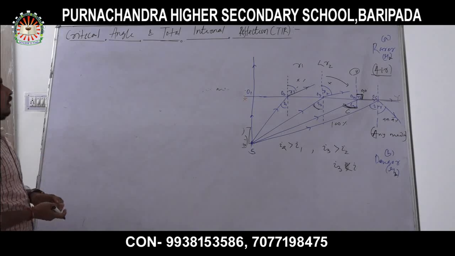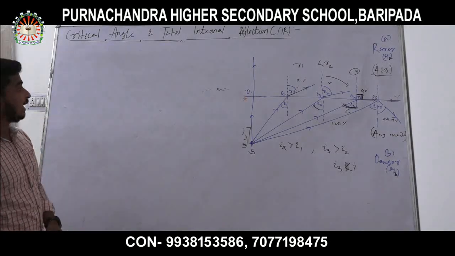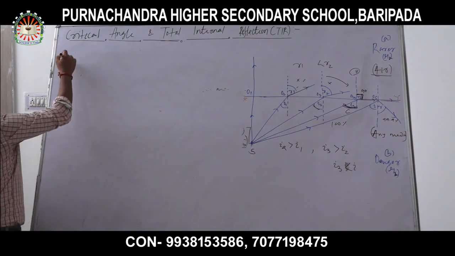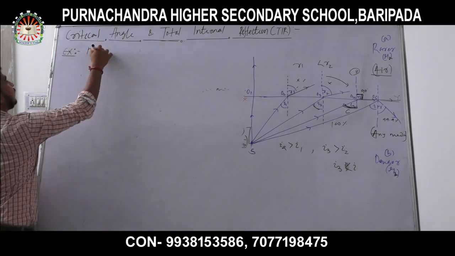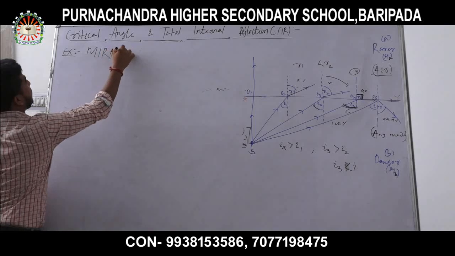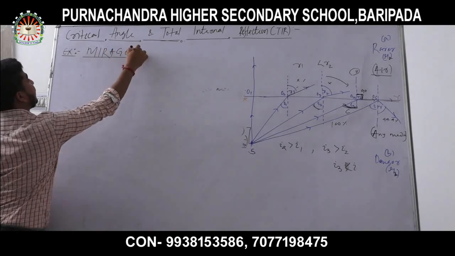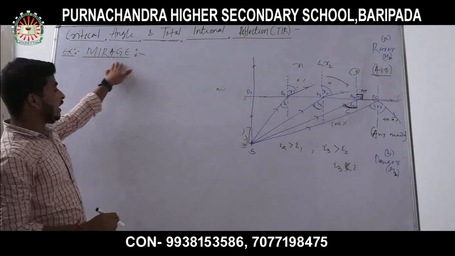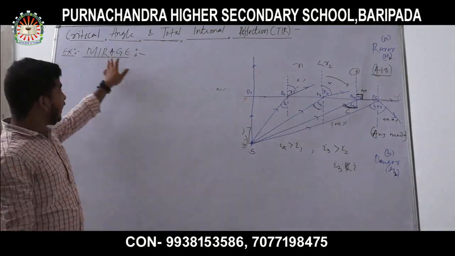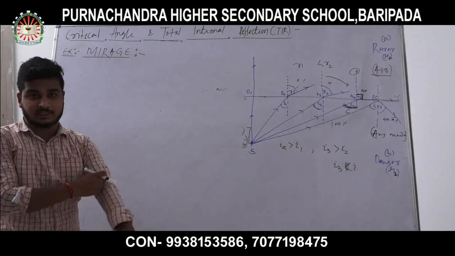So let's understand TIR with an example: that is mirage. What is mirage? In Odia, mirage is known as morichika.